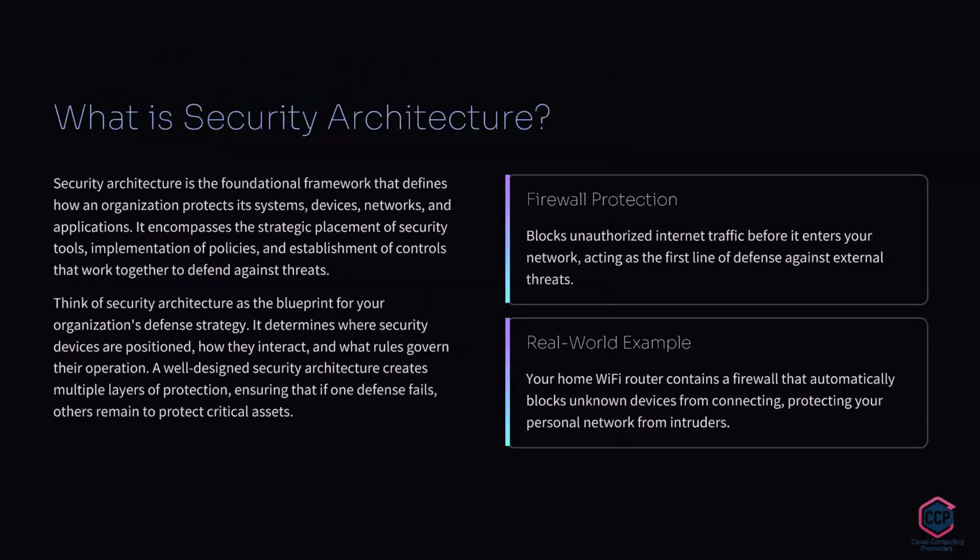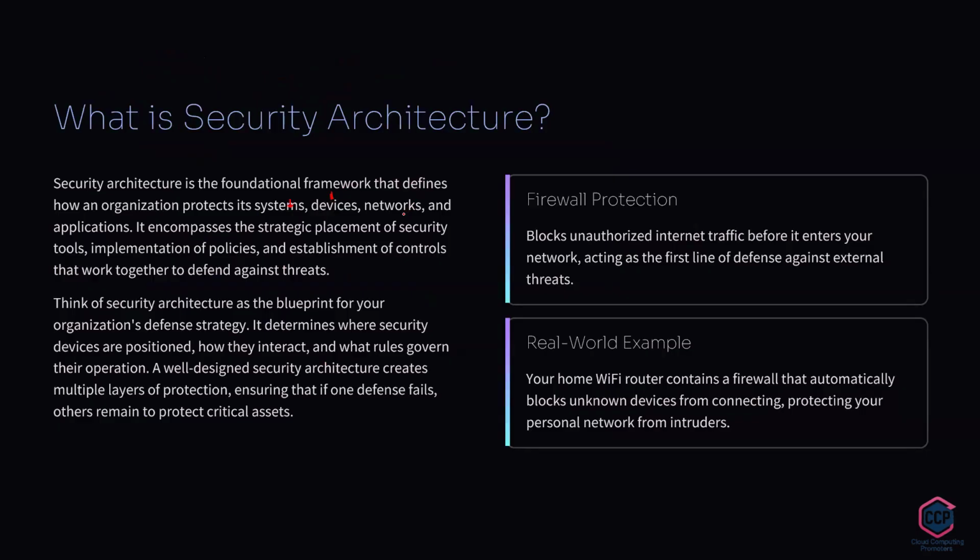So what does security architecture actually mean? Here we have some frameworks, as well as we discuss systems, devices, network devices, and we place them and apply some policies to restrict.